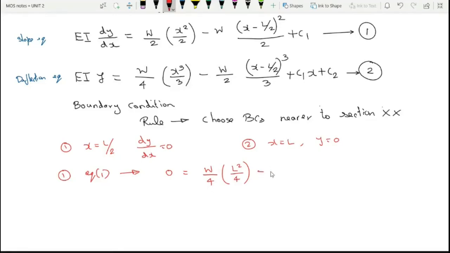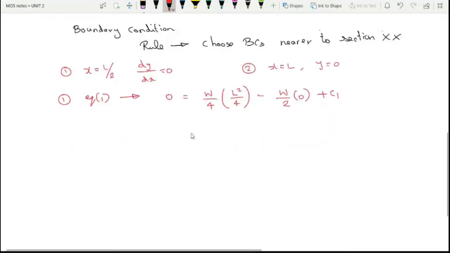Minus w by 2 is a common term, here L by 2, when I apply x is equal to L by 2, that becomes 0. So plus C1. Which means I will get C1 equal to w L square by 8, sorry, I think minus.